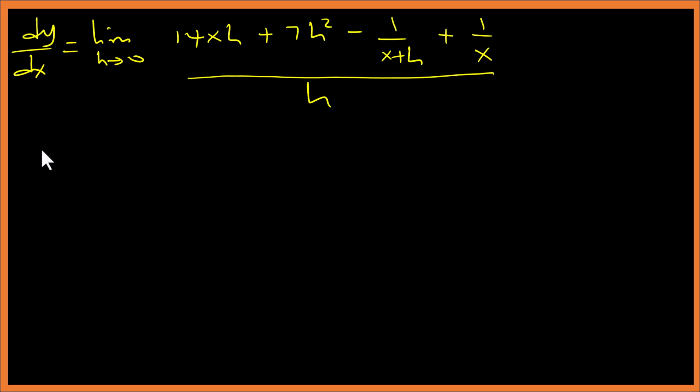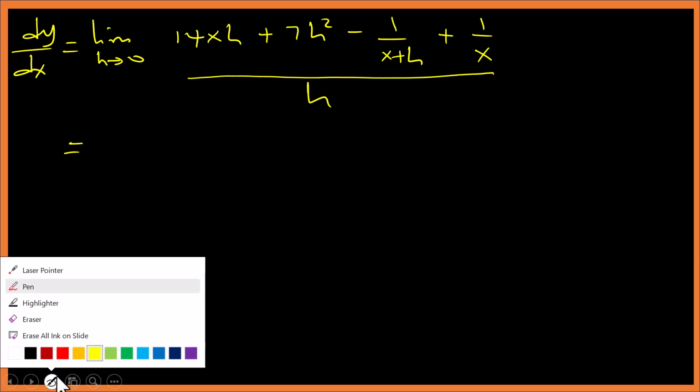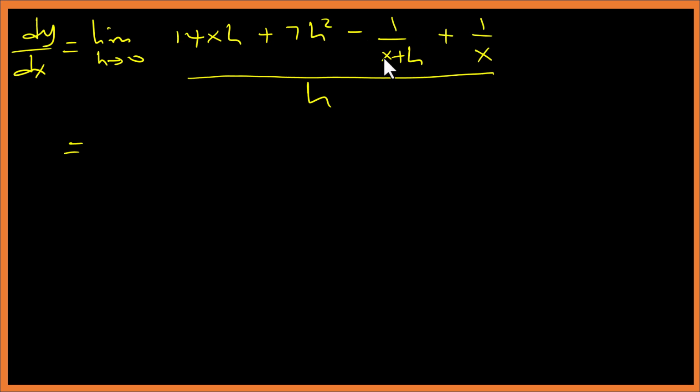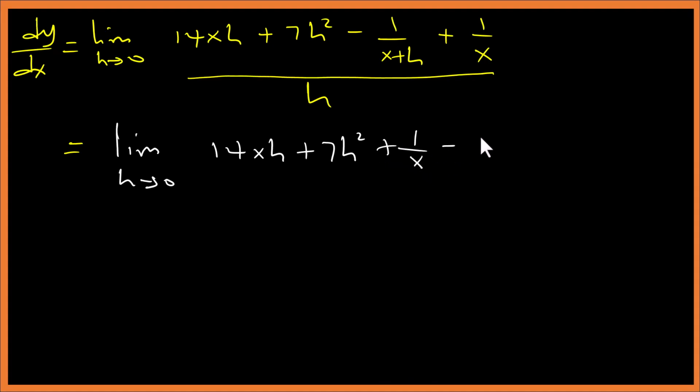Okay, as we are approaching the answer, we are going to do something here. Be very careful with the numerator because of the fractions. If you're not careful, you get it wrong. So we have the limit as h approaches 0 of 14xh plus 7h squared, plus 1 over x minus 1 over x plus h.